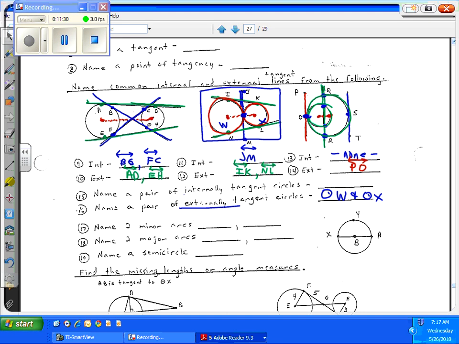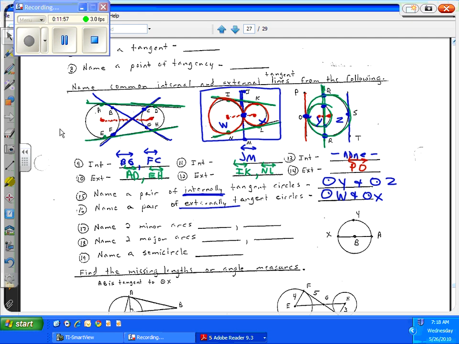One is inside of the other one, so we say that those are internally tangent circles. This point is Y and this point is Z, so we can say that circle Y and circle Z are internally tangent circles. Any questions on that?